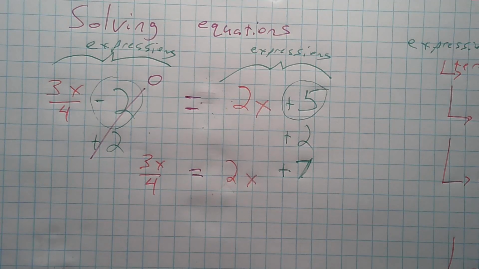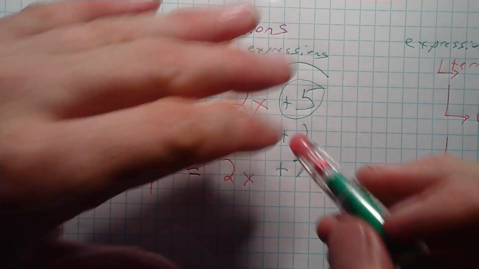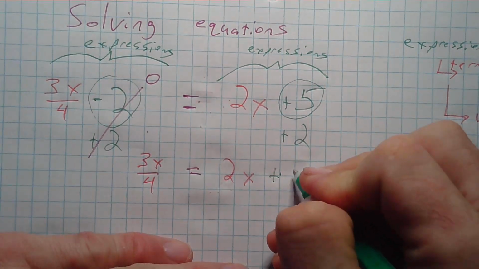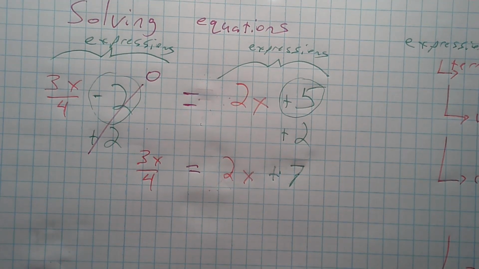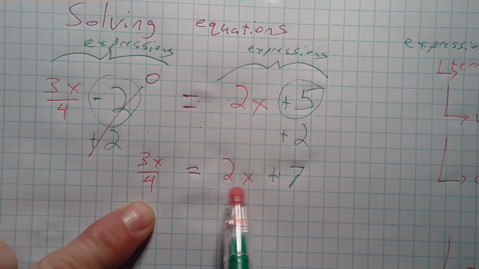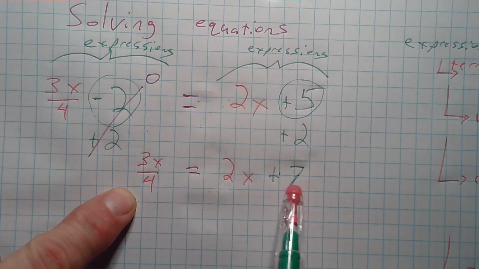So now I have my constant terms, +7, all consolidated. Maybe I'll rewrite that a little more neatly, plus 7, and then I have this term. Okay, so now I have this 2x over on this side, and I have the 7 over here.